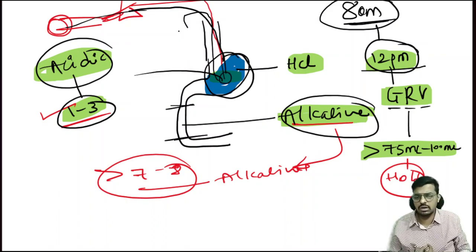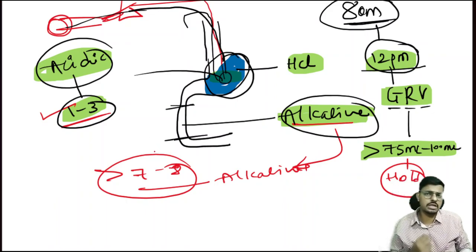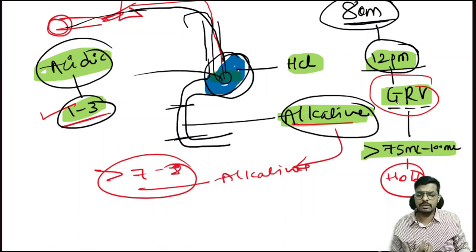That is very dangerous. So to avoid this, we have to check whether the stomach is empty or not. If the gastric residual volume is low, the stomach has emptied. If it is more, the stomach is not empty, so the previously given food is still in the stomach.